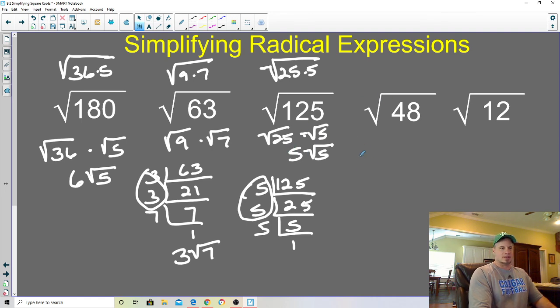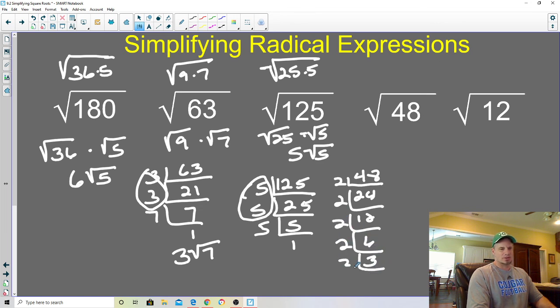Let's look at 48. We're going to do some upside down division here. We'll go down here. Okay, I like 2. 24, I like 2 again. 12, I like 2 again. 6, I like 2 again. 3, and we have to go with 3 here.